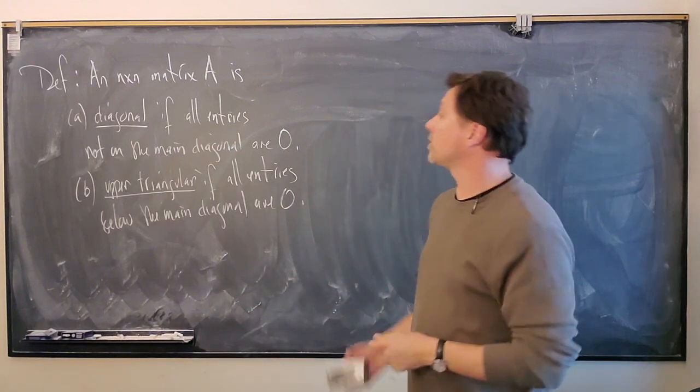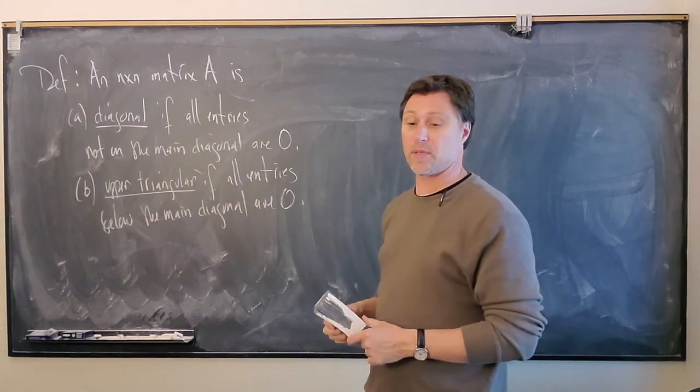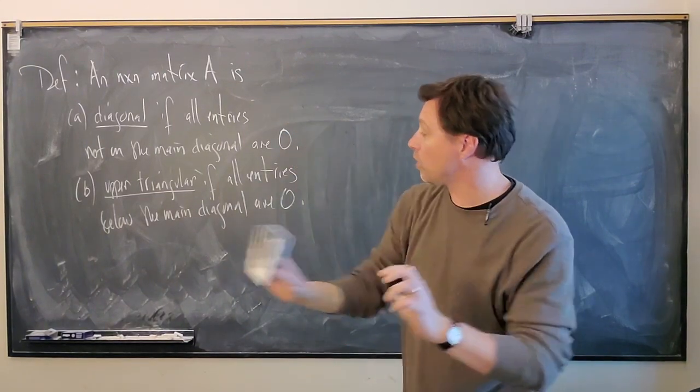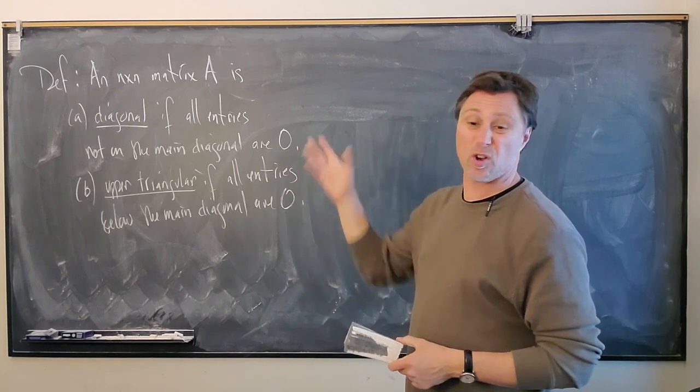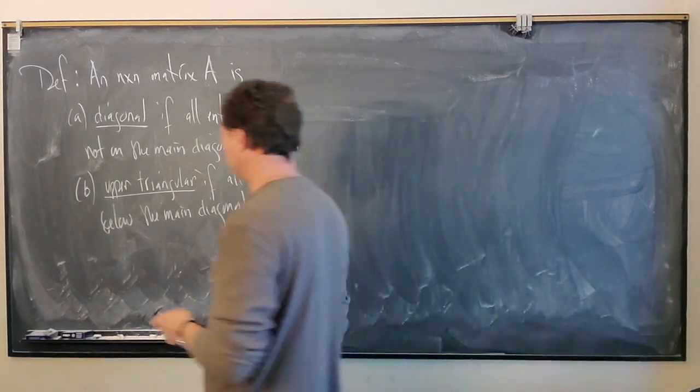So if you think about the first one, everything that's not on the main diagonal has to be 0 for diagonal matrices. For upper triangular, everything below the main diagonal is 0. So that means you'll have all these non-zero entries on and above the main diagonal.